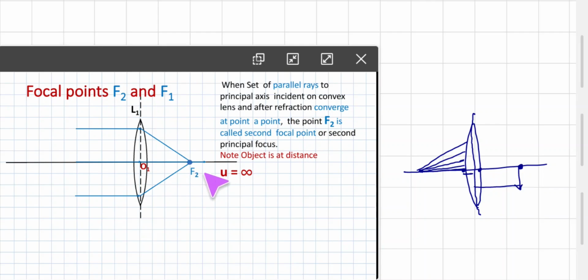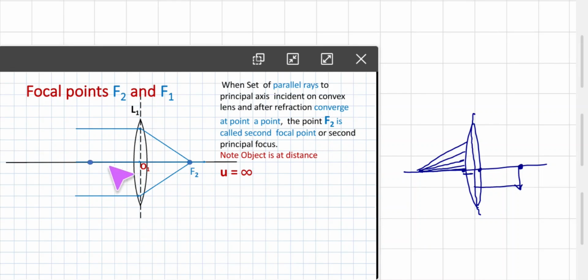So in that case, remember that object U is at infinity and the rays are intersecting at the point F2. So this is one of the cardinal points.